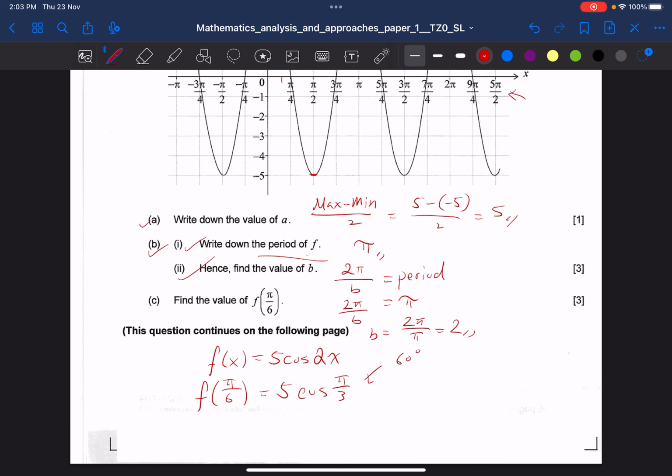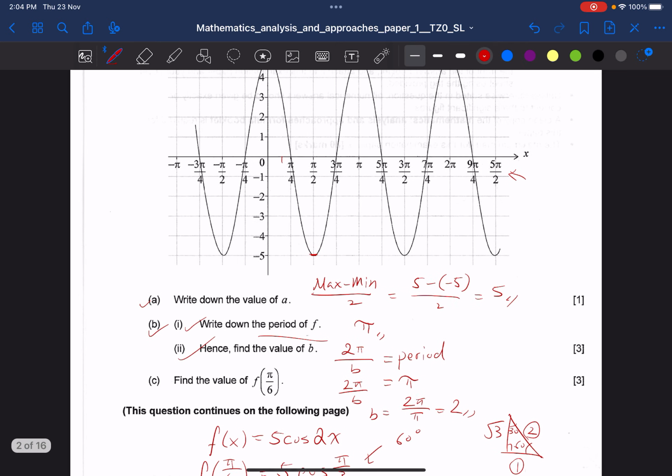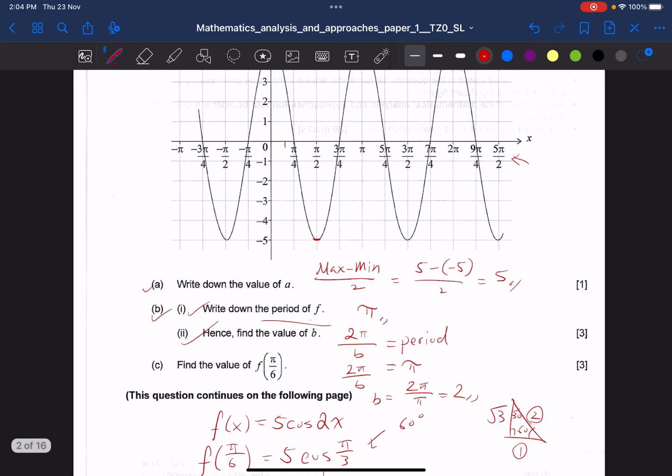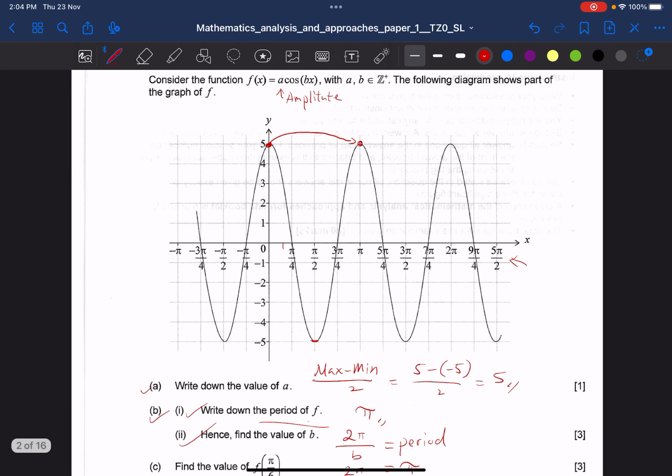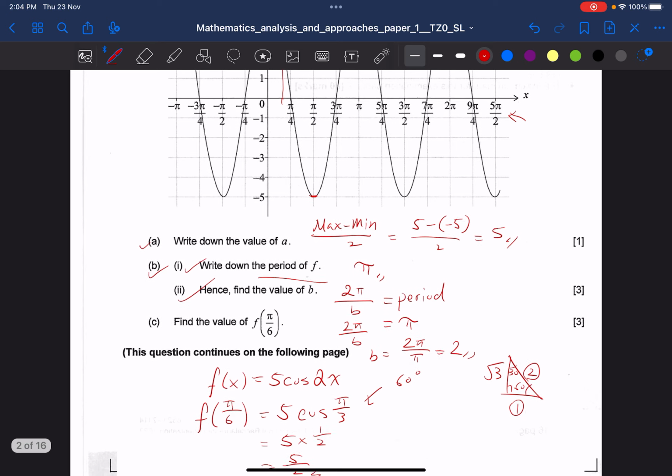If you remember the 1, 2, root 3 triangle, cosine of pi over 3 is 1 over 2. So 5 times 1/2 is 5 over 2, which is 2.5. On the graph it's somewhere right here, similar. So that's part C.